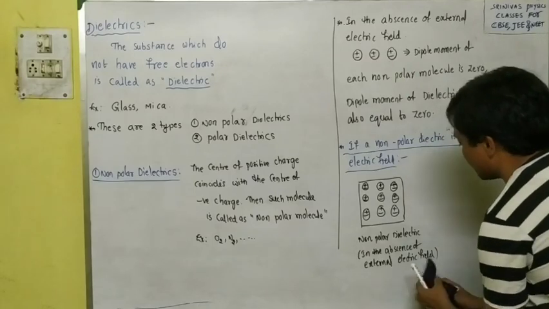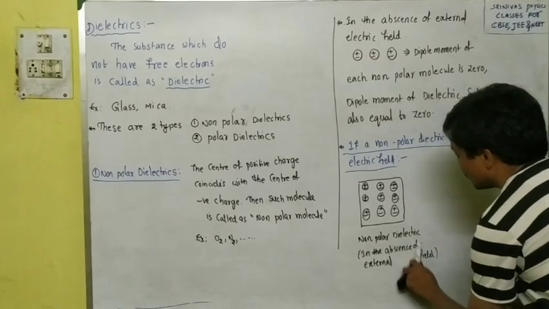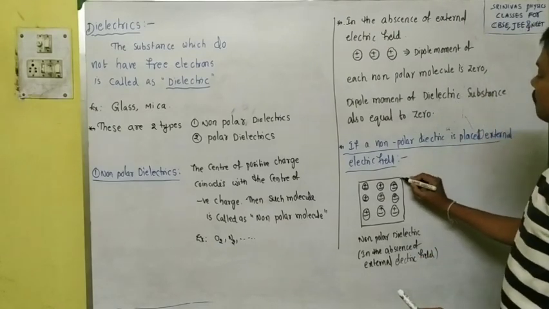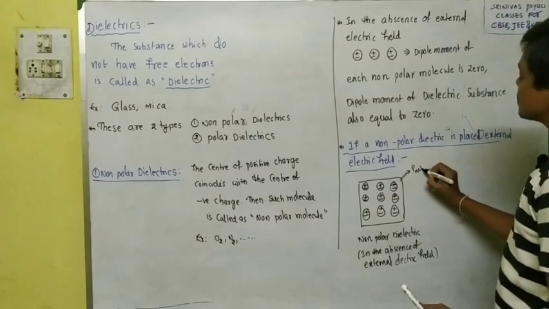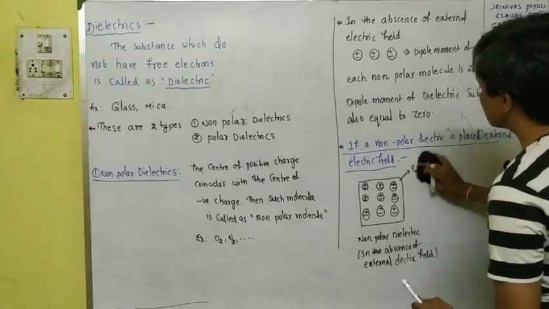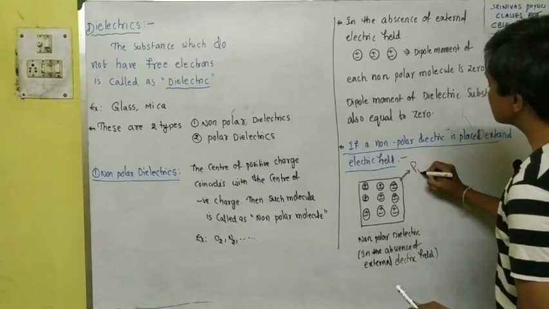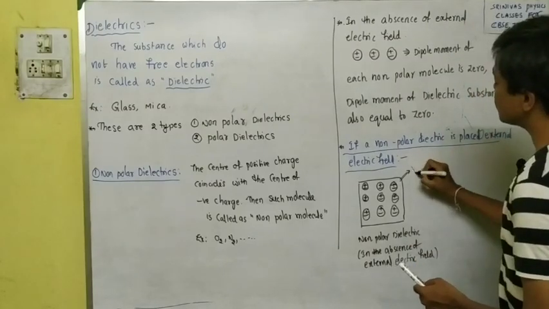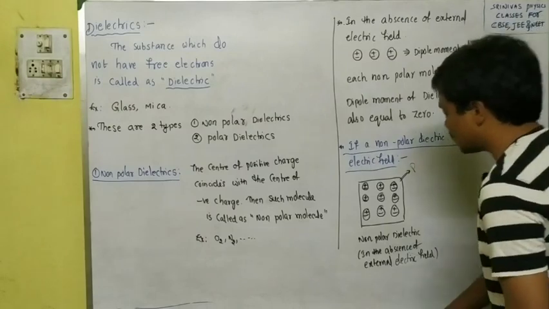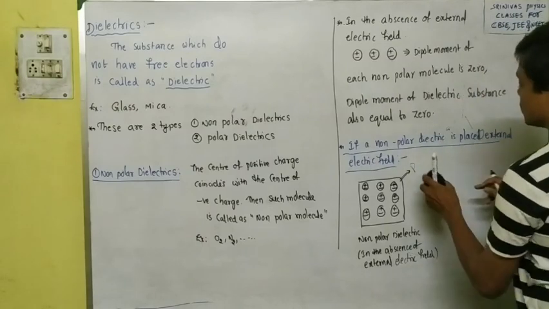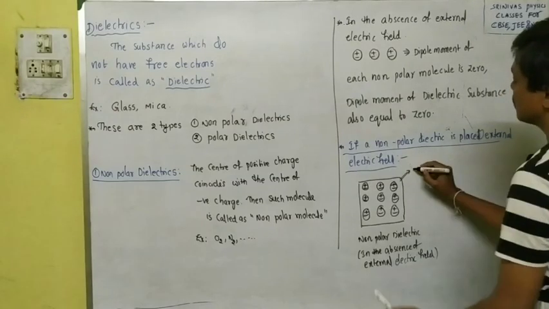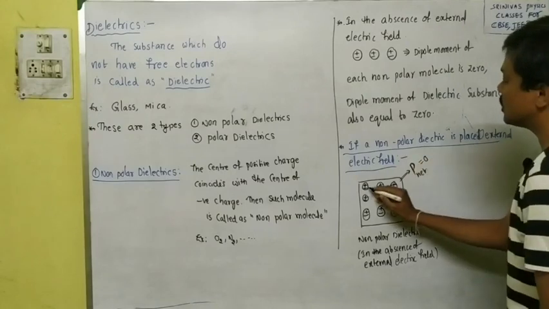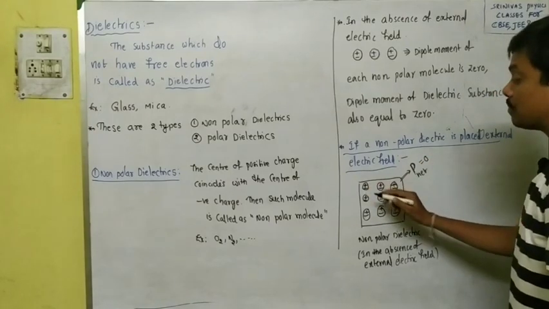When there is no external electric field, in this case, the net dipole moment is 0. Why is the net dipole moment 0? Each molecule has 0 dipole moment. That's why the net dipole moment is also 0, right? Each molecule has 0 dipole moment. No separation between the plus and minus.